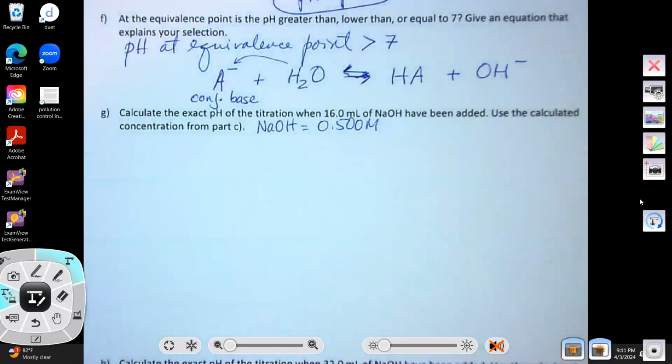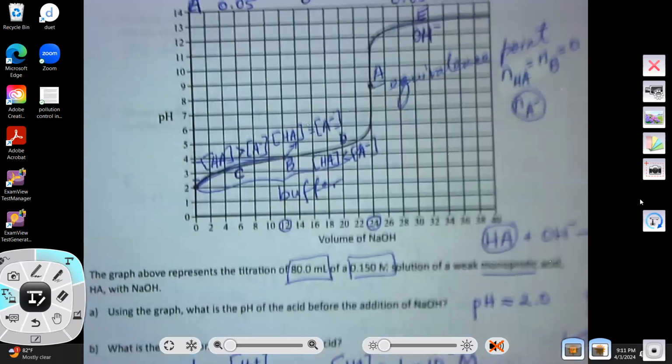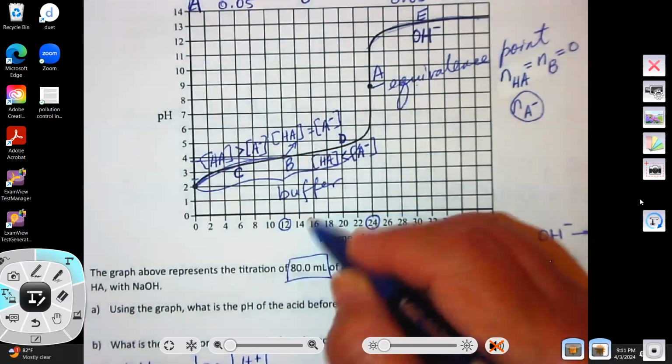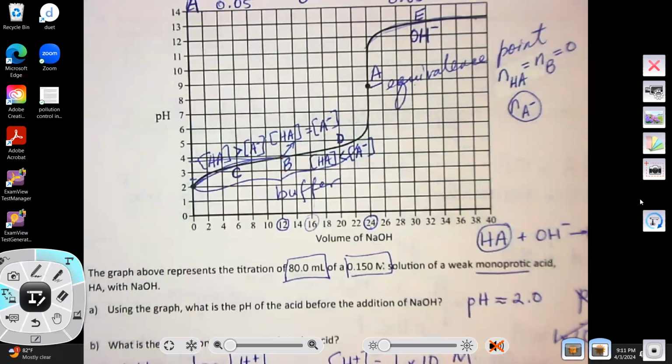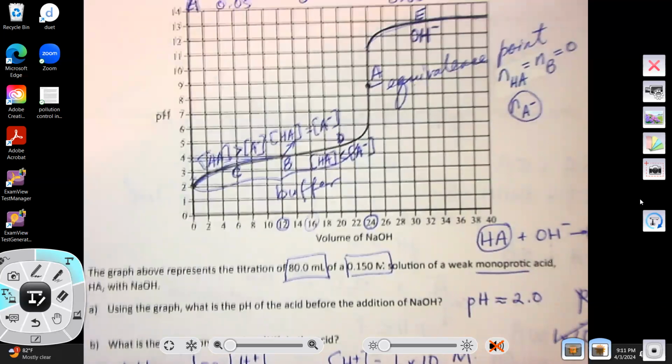Why is this question asking for the exact pH? It is to keep you from going up to the graph and estimating this pH. I want to know the exact pH.